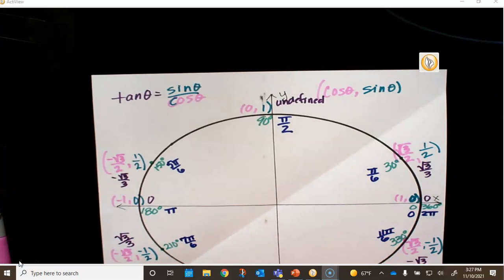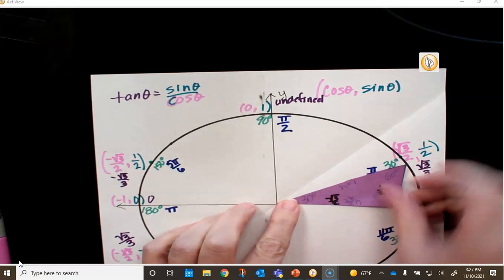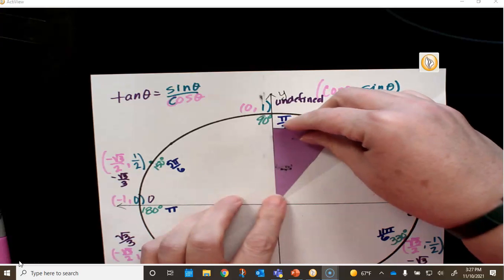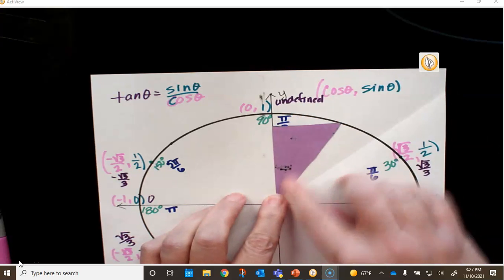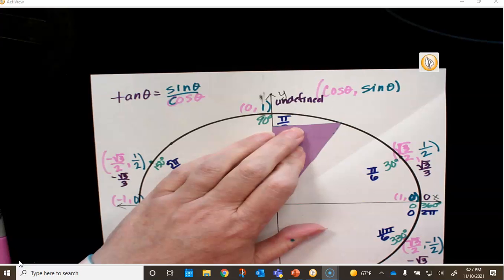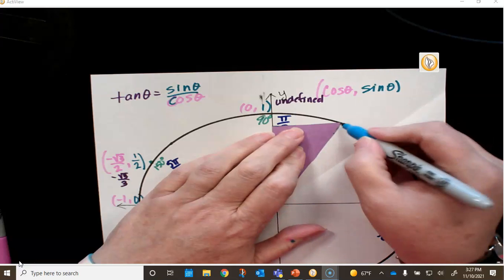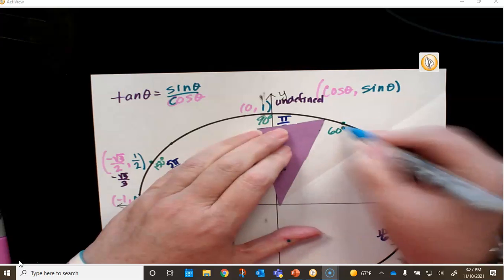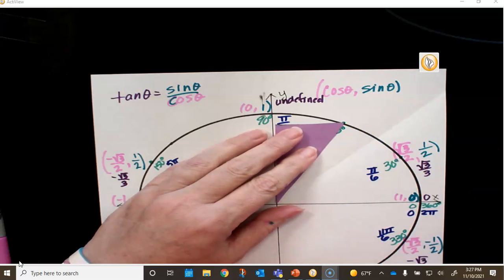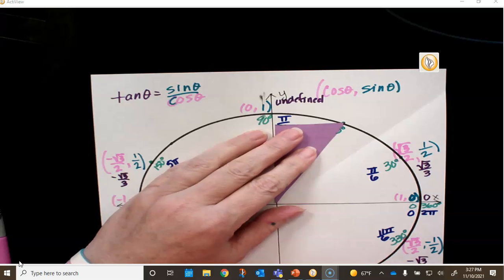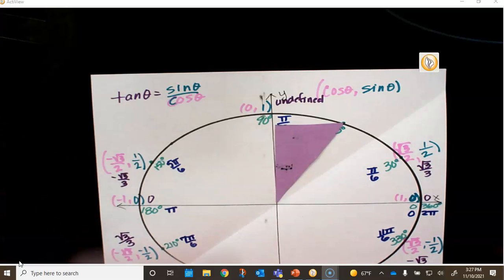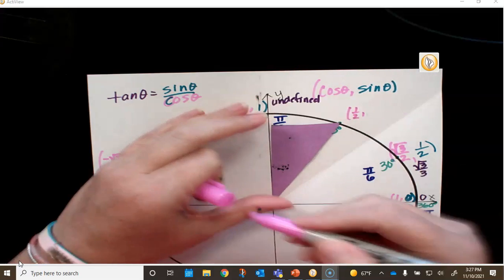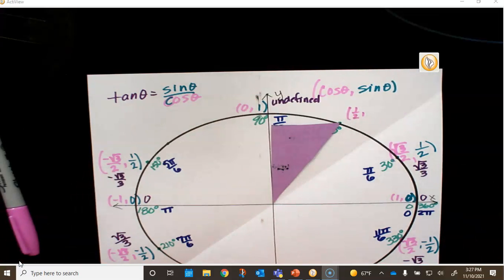If I reflect this triangle, which my 30 degrees is, right, here, so that this part's the 30, that means that this part here would be 60 degrees. True? And that means that my ordered pair would switch, because when we do reflect over the line y equals x, it switches our x's and our y's.